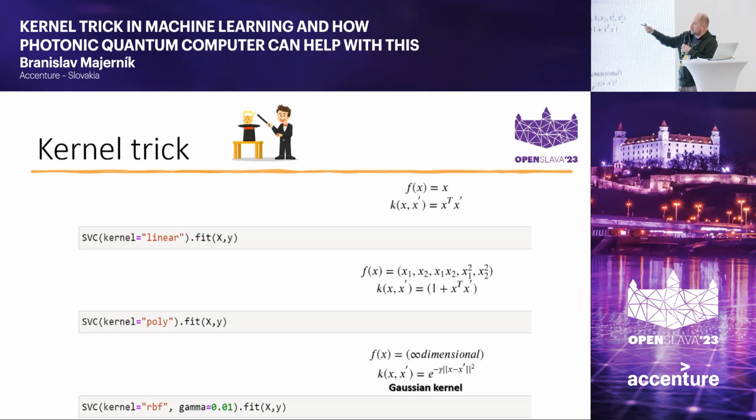For example, the linear kernel is represented with a simple inner product. You have the polynomial kernel, where your decision boundary will be some curve, like a sine or cosine or whatever. And for infinite dimensional space, you can use a very common kernel, which is called the Gaussian kernel. It's a Gaussian formula, something squared.